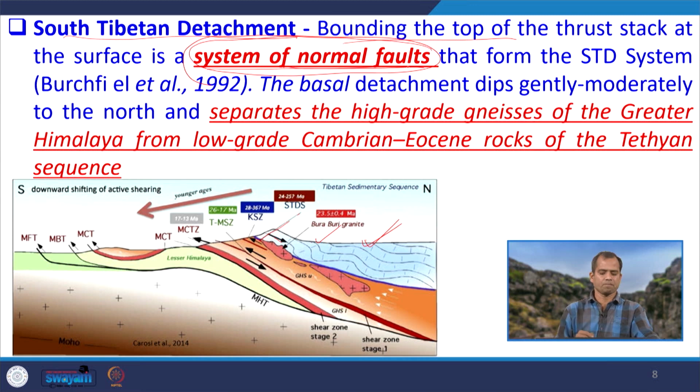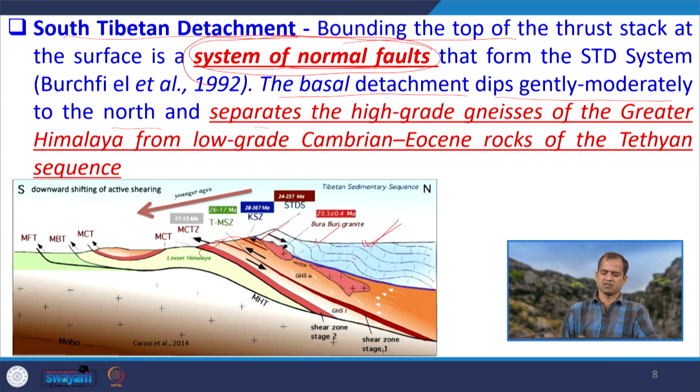So, the basal detachment dips gently to moderately to the north and separates the high grade gneiss of the Greater Himalaya from the low grade Cambrian to Eocene rock of the Tethyan sequence. Now you see from this Higher Himalayan crystalline, both sides are bounded by sedimentary rock.